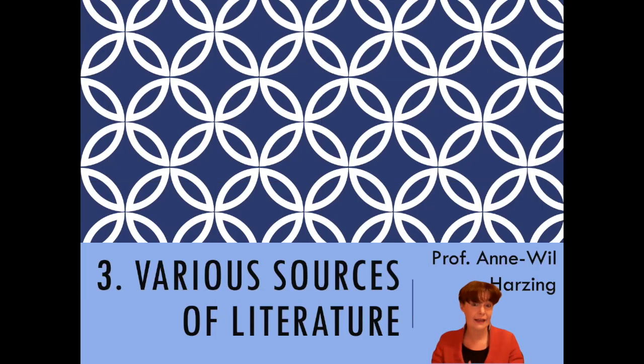So then on to the next step. We've realized how important a literature review is in various stages of the research project, but how do you go about finding the literature? What are the different sources of literature that you can refer to?